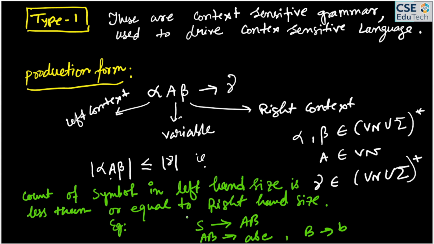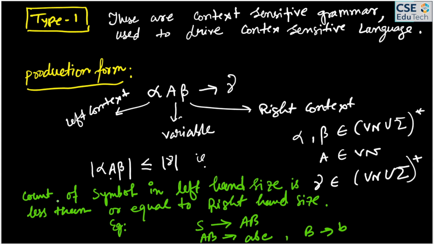Look here, the length of the string on the left hand side is less than or equal to the right hand side. That is, the count of symbols on the left hand side is less than or equal to the right hand side.